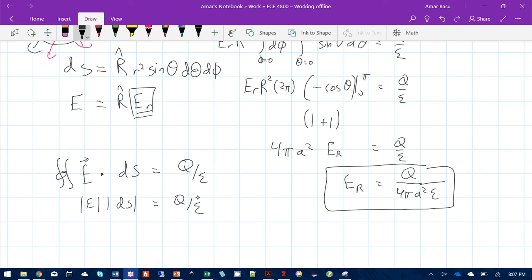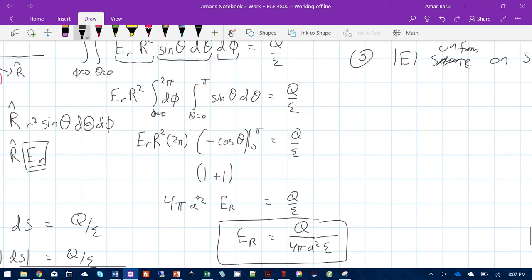Why is that? If the vectors are in the same direction, remember when you take the cross product of two vectors, if they're in the same direction, then you basically multiply their magnitudes. Yeah, the dot product. Did I say cross product? When you take the dot product of two parallel vectors, you're just multiplying their magnitudes.